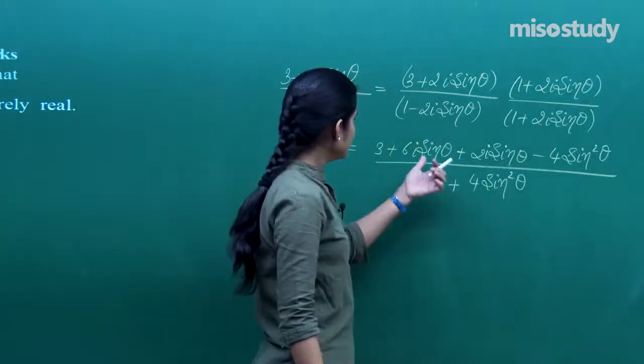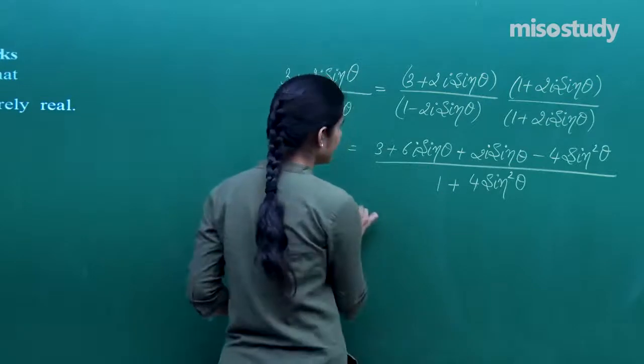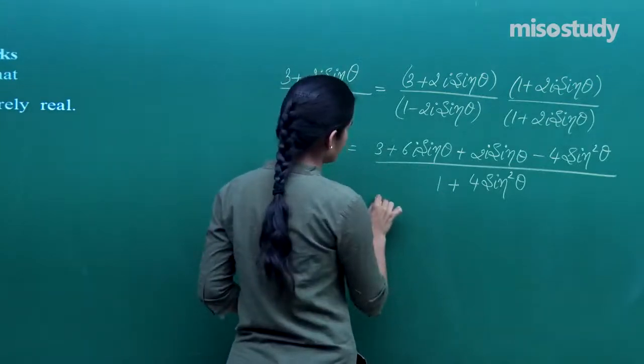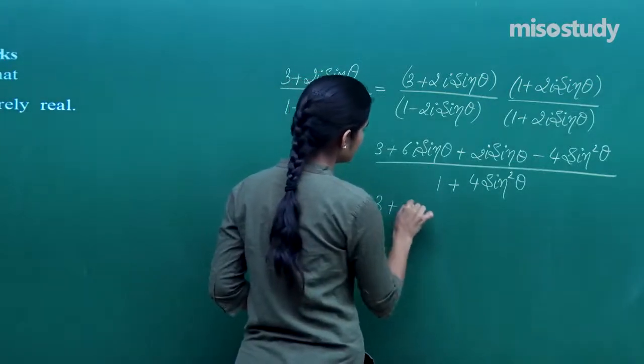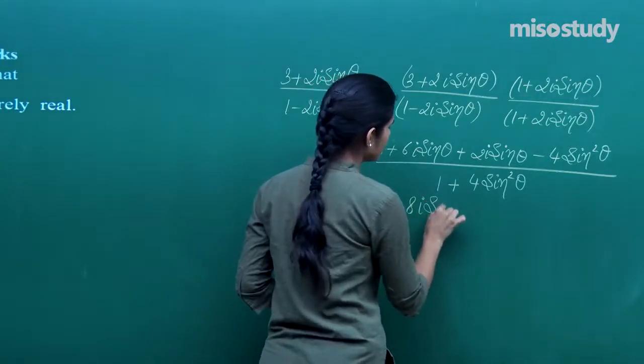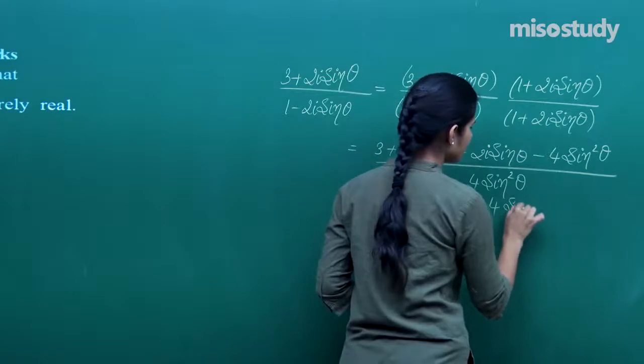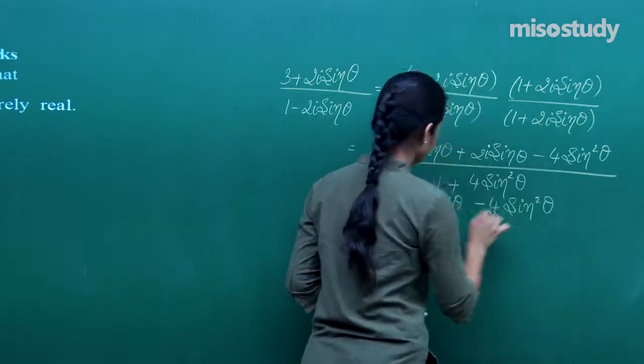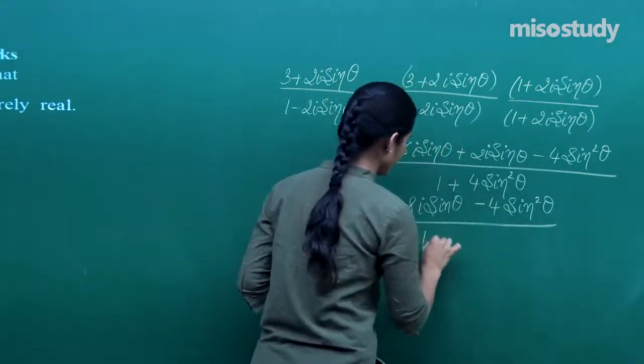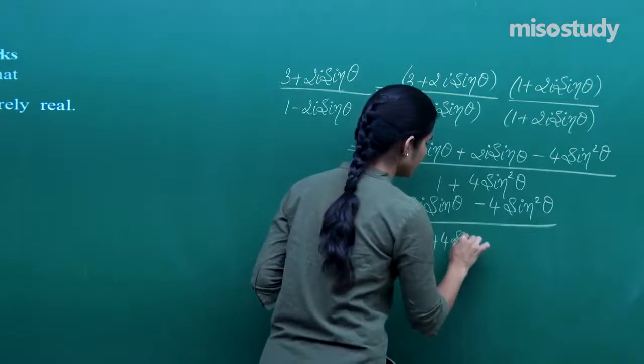Fine. 6 iota plus 2 iota is 8 iota. So basically you have 3 plus 8 iota sine theta minus 4 sine square theta whole upon 1 plus 4 sine square theta.